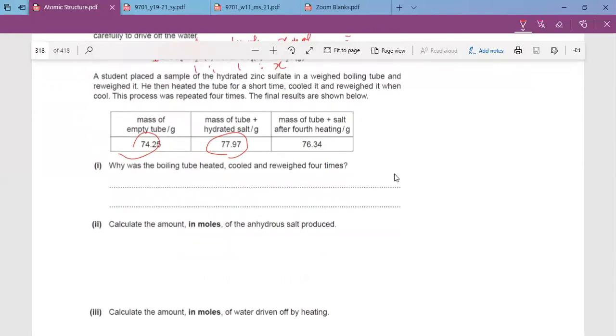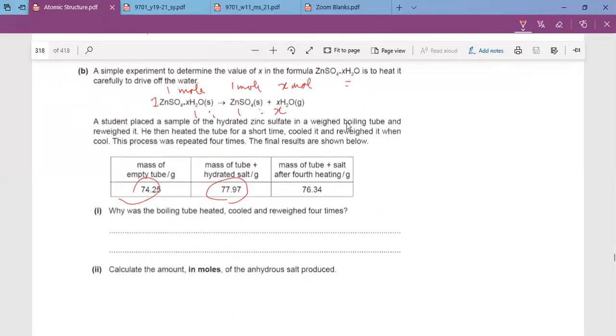If I want to put it on top, the mass of hydrated salt is this minus this one, which I get as 3.72. And this one minus this one gives the mass of the anhydrous salt, which is 2.09. I'm doing a bit fast here.